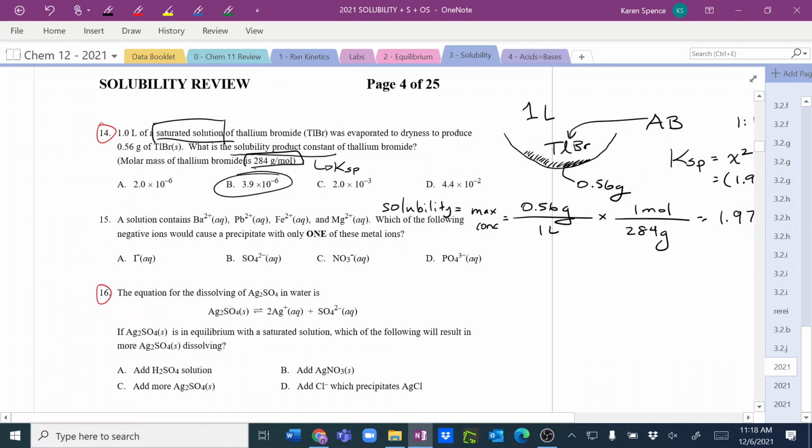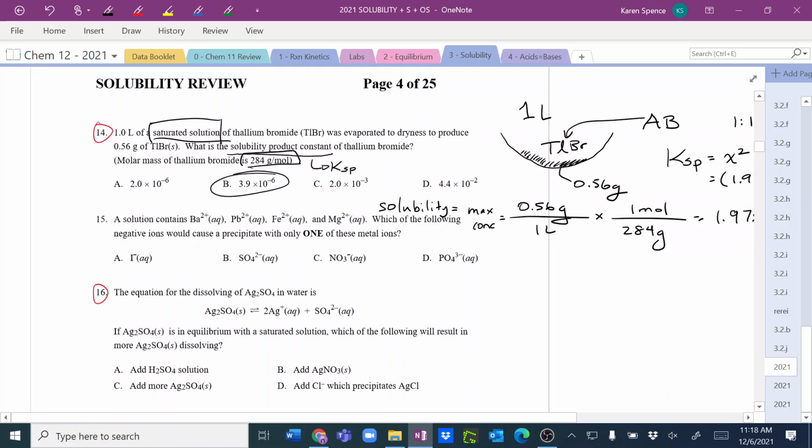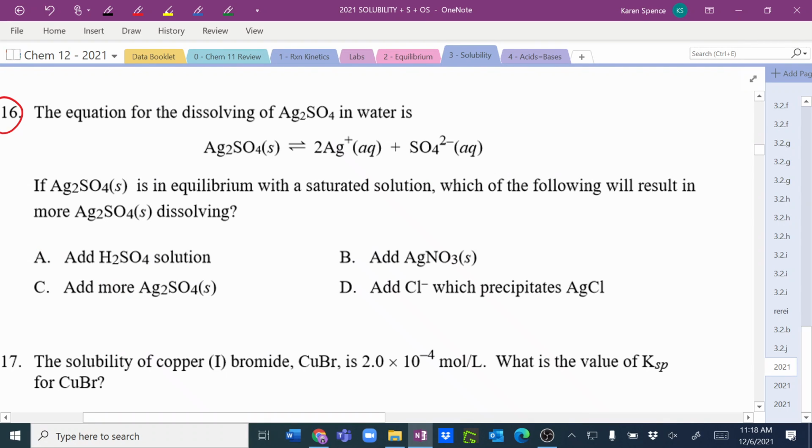All right, number 16. We have silver sulfate. If it is in equilibrium with a saturated solution, which of the following will result in more Ag2SO4 dissolving? So we want it to go to the right.